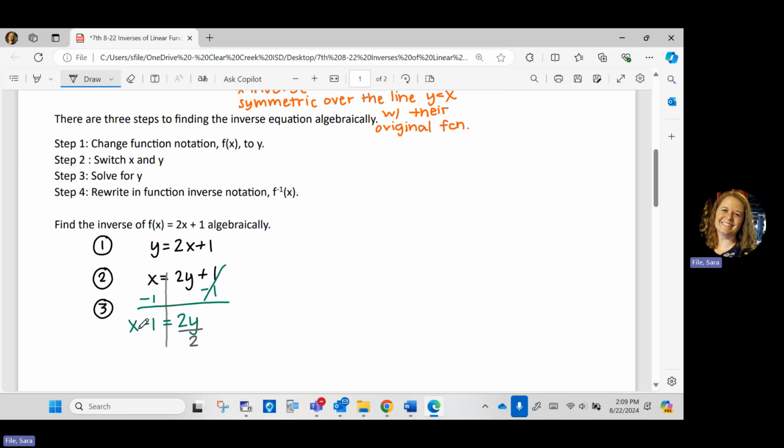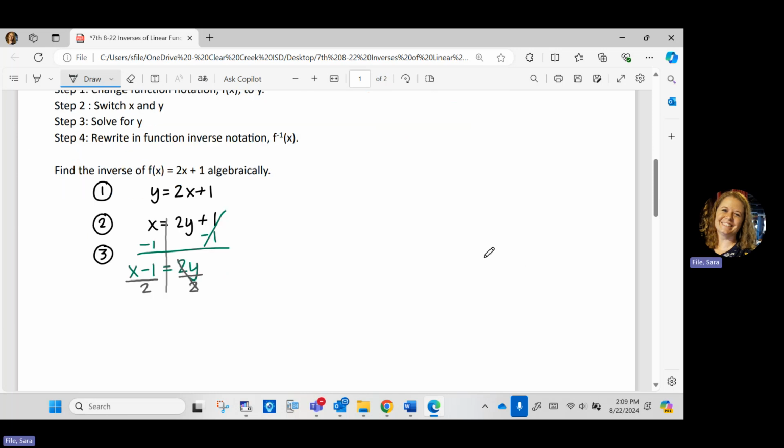Just the 1 or both? Both. What you do to one side, you do to the other side, the whole side, not just one term. So the entire side gets divided by 2. So some people like to leave it like that, x minus 1 over 2. They don't want to simplify it.